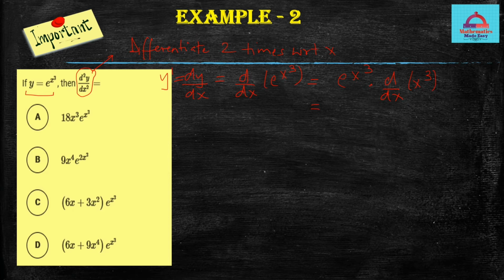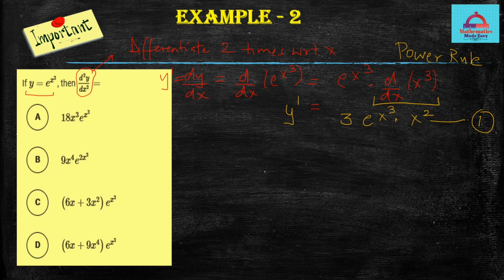So this d by dx of x cube, we can use the power rule here, and when you do the power rule in this step, you will get this 3 coming down. So 3 e to the power x cube, and the power reduces by 1, so x square. So you've got your y prime, or the first order derivative. I'm marking this as the first equation.